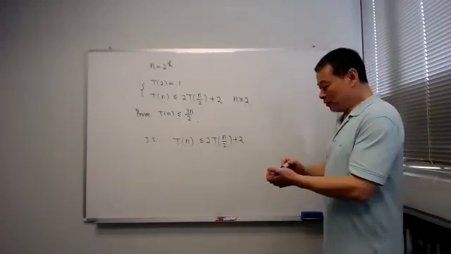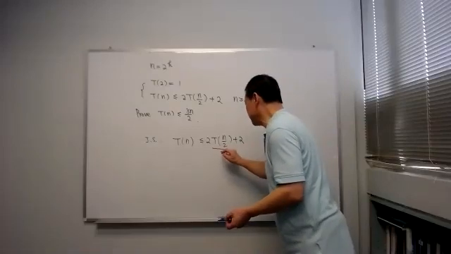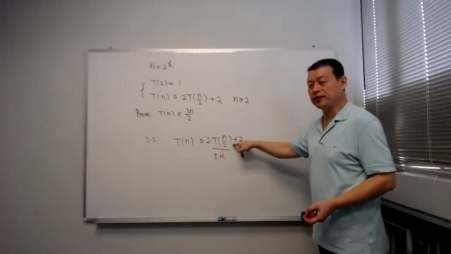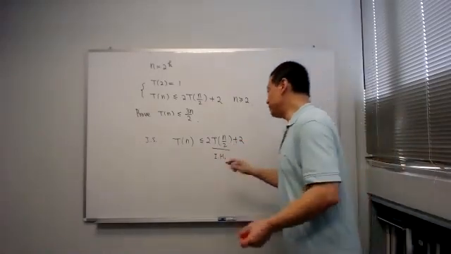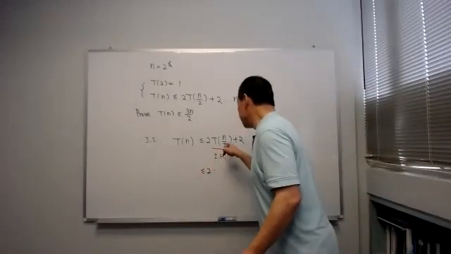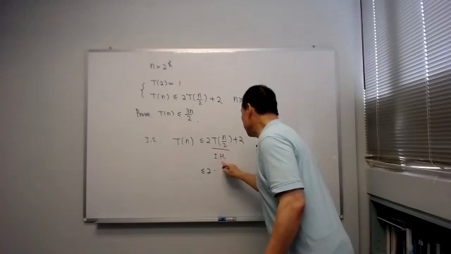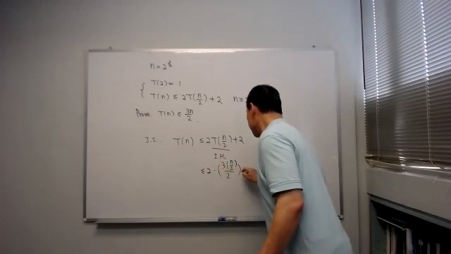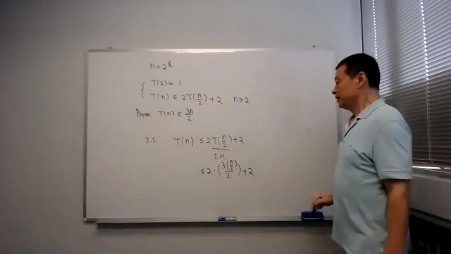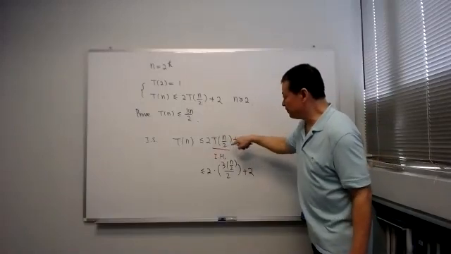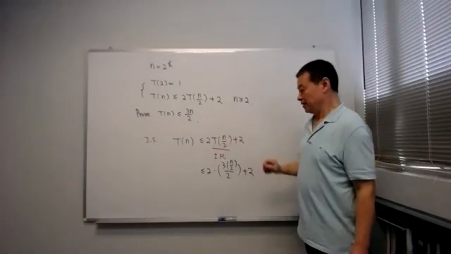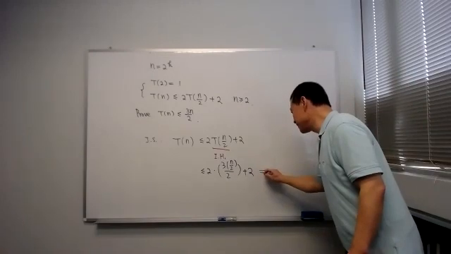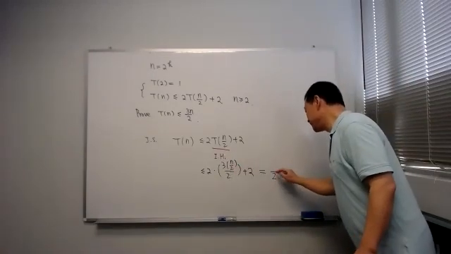Now we use the induction hypothesis for T(n/2), replacing it by 3n over 2 times 2 clauses. So we use the induction hypothesis for T(n/2), and we get this. Very simple.